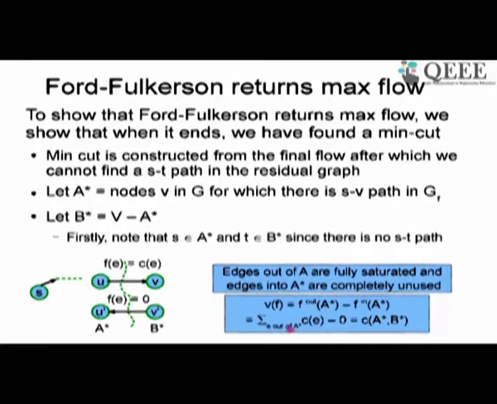Therefore, f out of A star is simply the sum of all the capacities of the edges out of A star. And f in to A star is 0 because every edge which is pointing inward is not used, is empty. Therefore, the sum of all the capacities going out of A star is simply the capacity of the cut c(A star, B star).